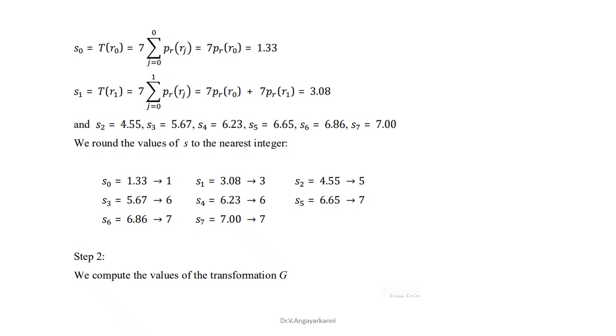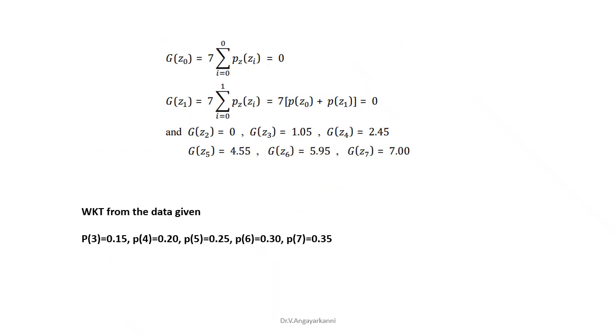Step 2, we compute the values of the transformation G. It is shown here how it is calculated. The values are shown here. 7 into 0.19, we got 1.33. 7 into 0.19 plus 7 into 0.25 is 3.08.